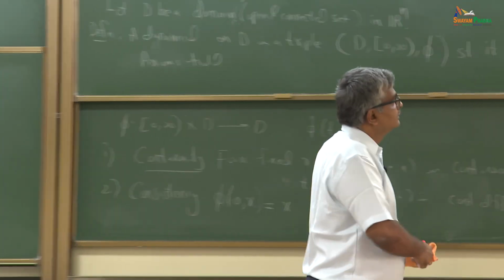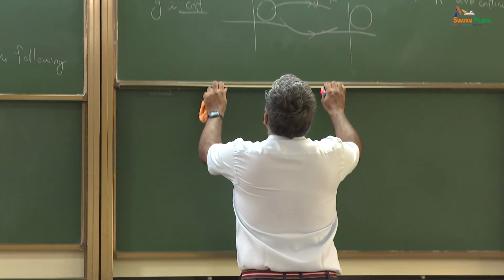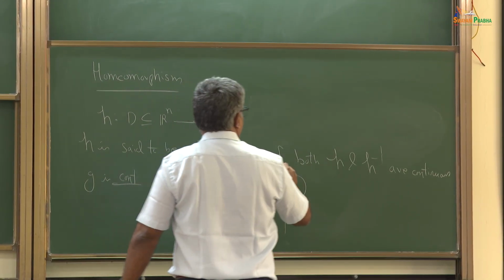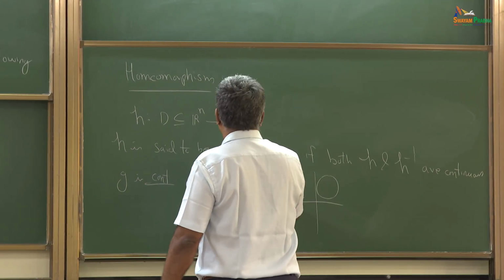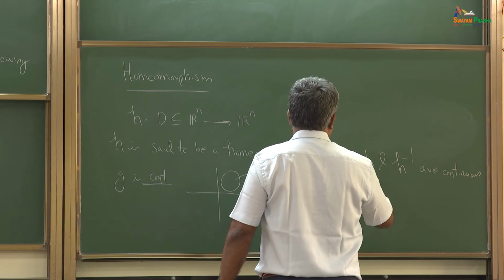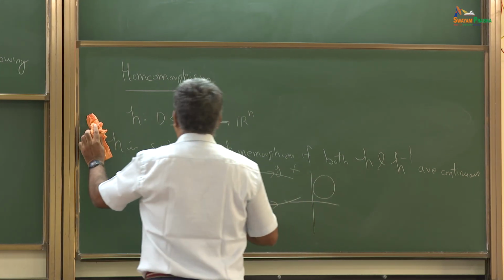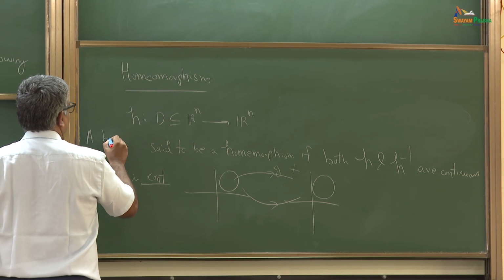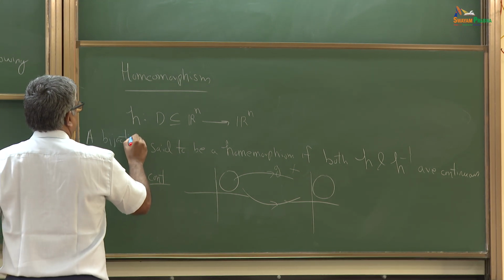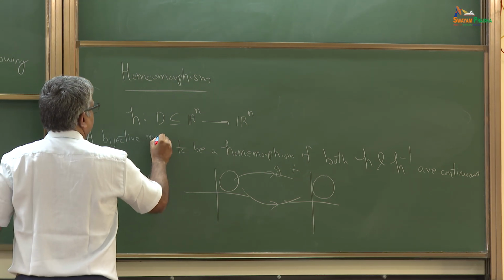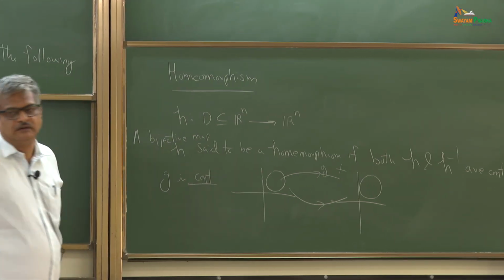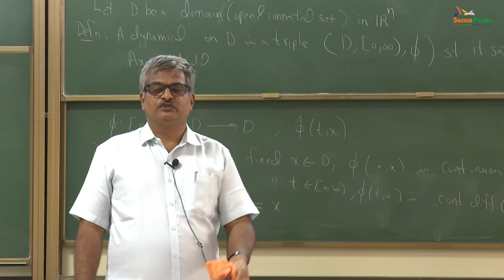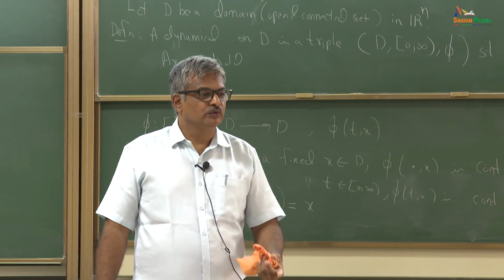Sorry, I missed something here. Yeah, bijective. I missed this. So it has to be bijective, that means it has to be 1-to-1 and onto.